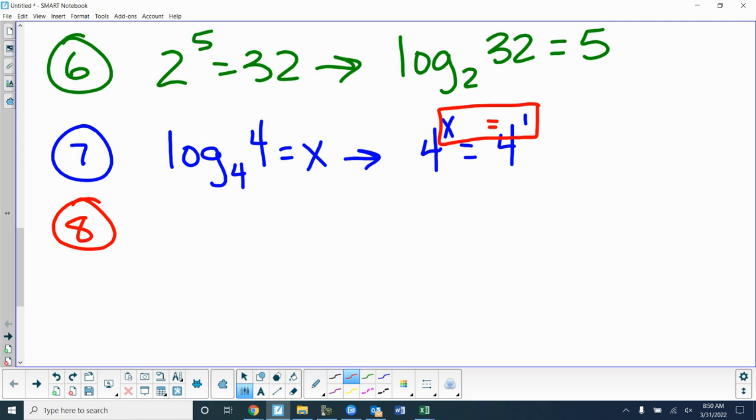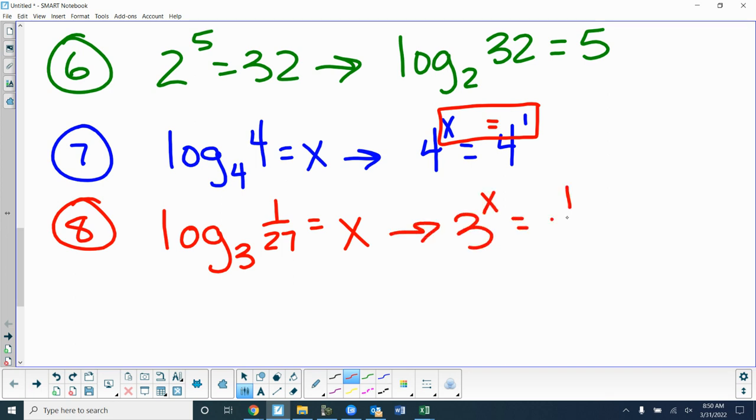All right, number 8, log base 3 of 1/27. Remember, we write equals x. Okay? So then we rewrite it in exponential form. 3 to the x power is 1 over 27. Okay?